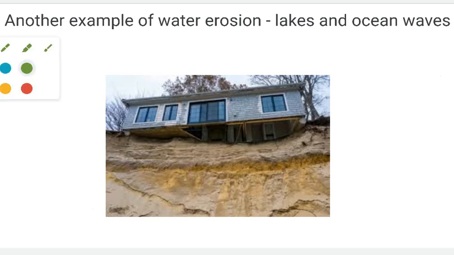If we imagine here that we have waves that are coming up and hitting these cliffs and surfaces of the wall, just like we talked about with water weathering, where it can form those sea arches, here it can slowly begin to break down the surface of the cliff, and erosion is carrying away those sediments.